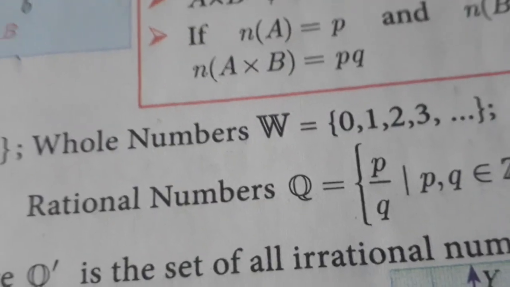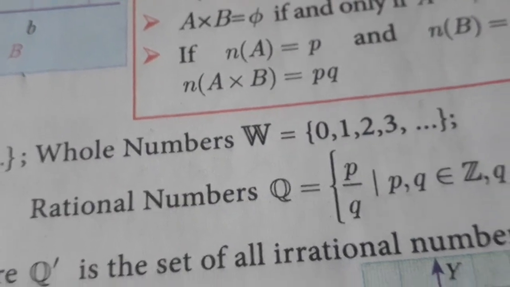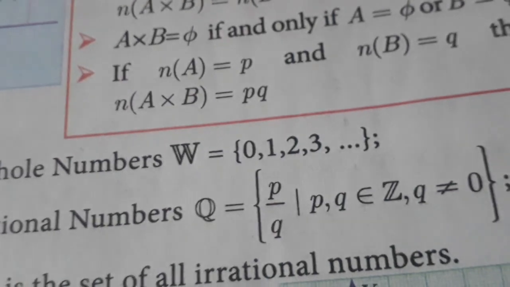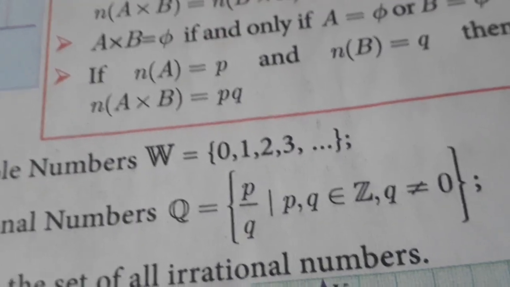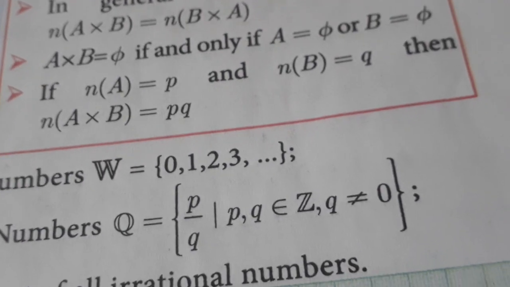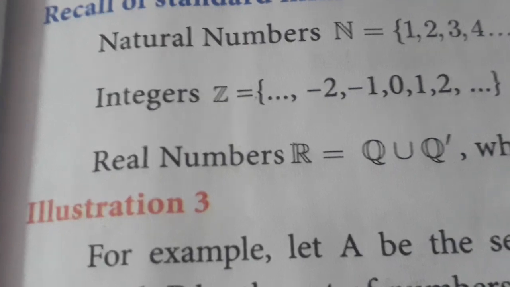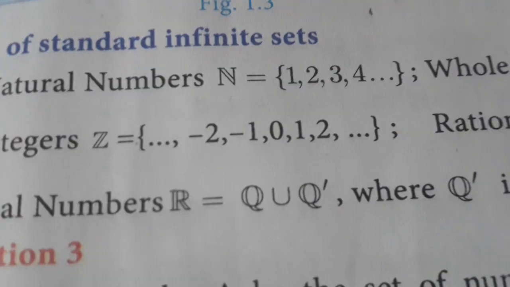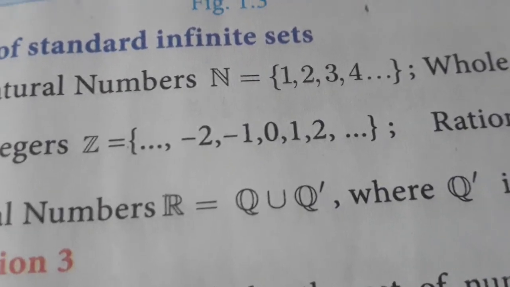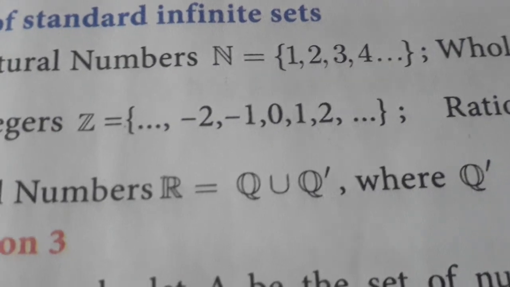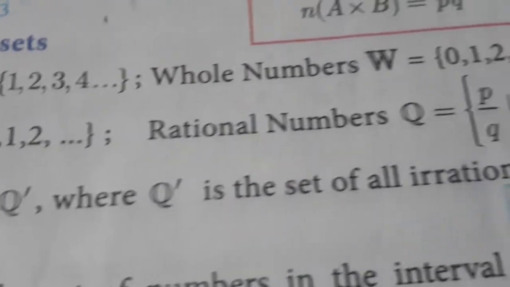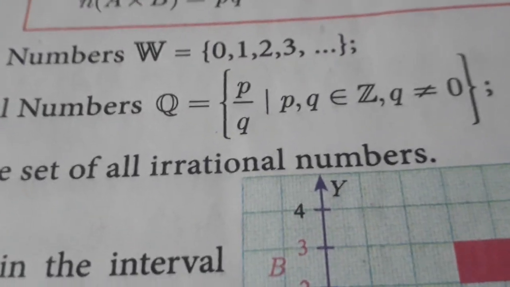Next are rational numbers, denoted by Q, which are fractions of the form p/q where p, q are integers and q is not equal to 0.